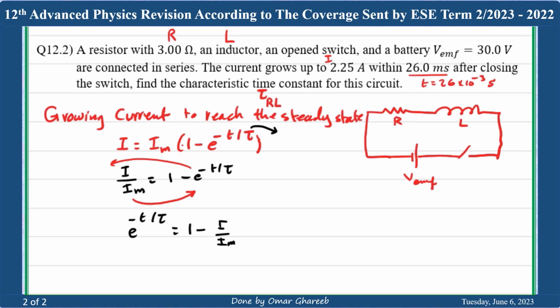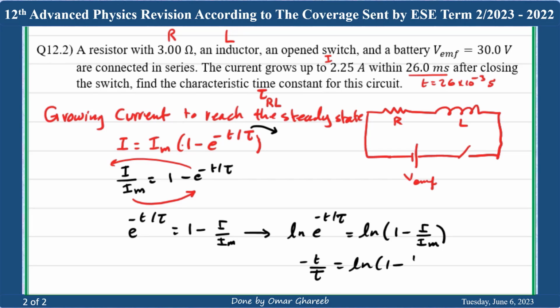Now if you take the ln of both sides, I will have ln e to the minus t over tau equals ln of 1 minus I over I maximum. Ln e to the minus t is minus t over tau, equals ln of 1 minus I over I maximum.